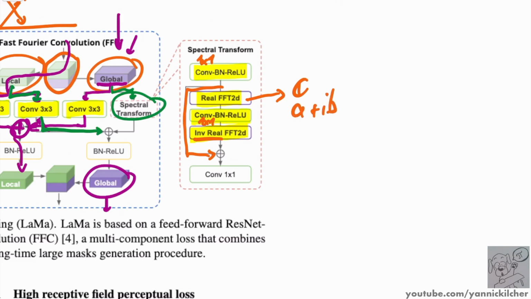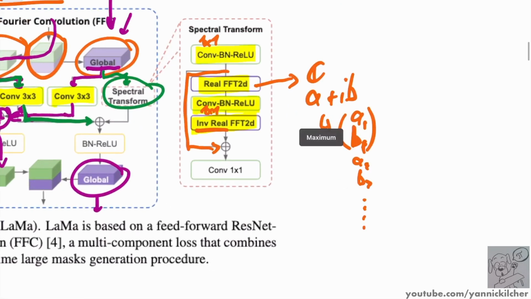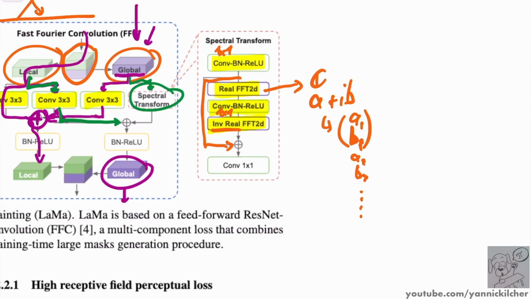But what we do is simply we take those and we stack them. So we just make vectors out of them, a and b. So if there is a bunch of numbers, it will just be like a1, b1, a2, b2, and so on. And we just consider this to be a real vector of double dimensionality, or a real 2D signal of double the dimensionality as before. And that is how we do it.